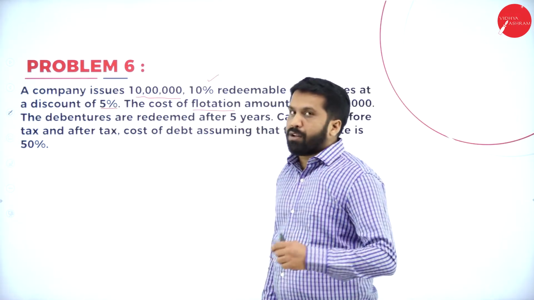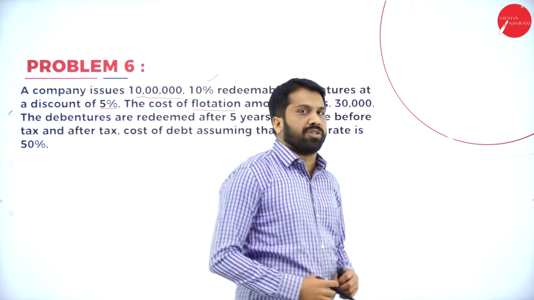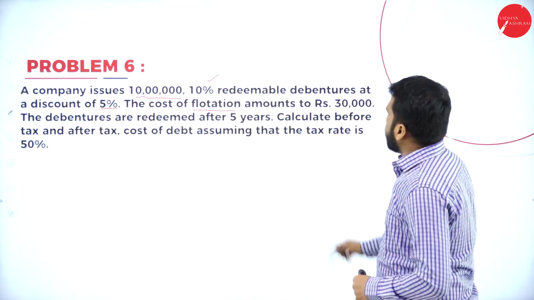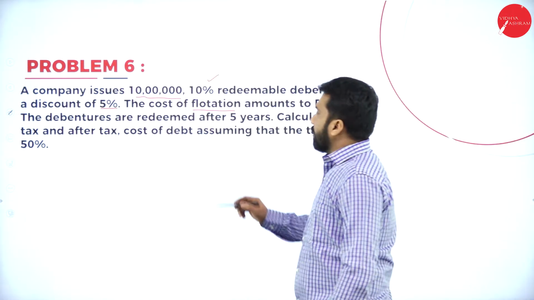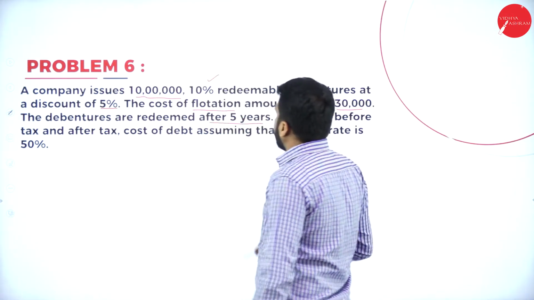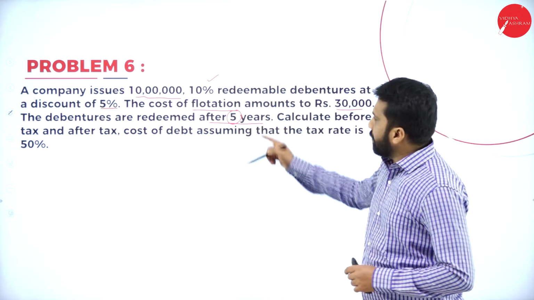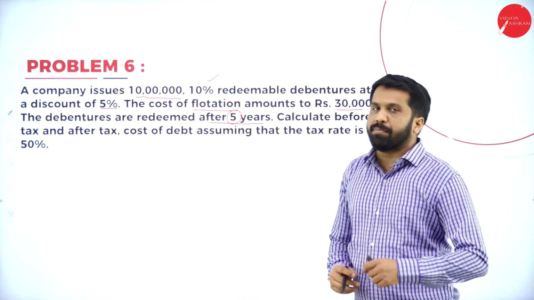As I told you in the previous session, what is flotation? The transaction cost, we call it flotation. It amounts to rupees 30,000. The debentures are redeemed after 5 years. See, the number of years are mentioned. If the number of years are mentioned, then we call it redeemable.